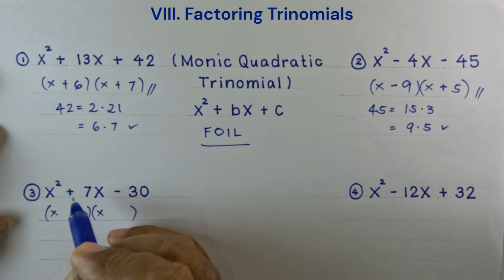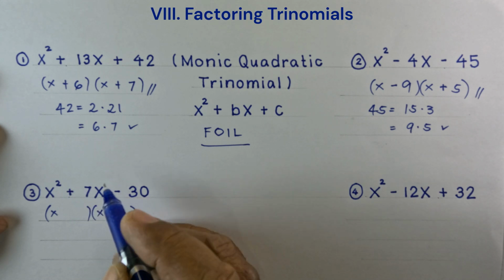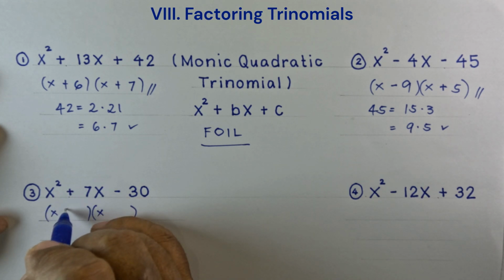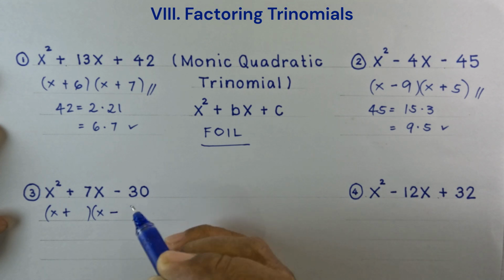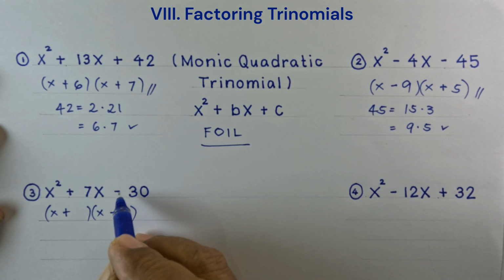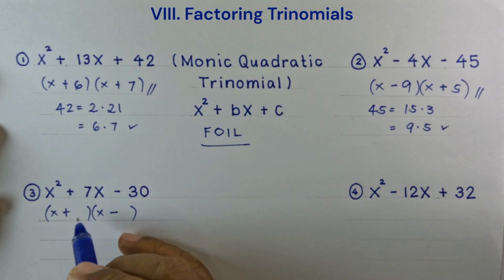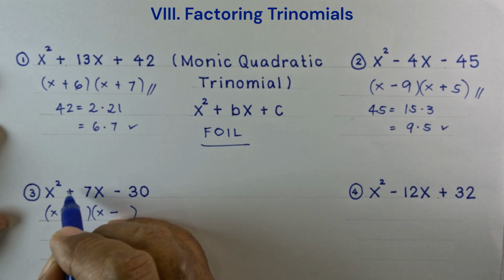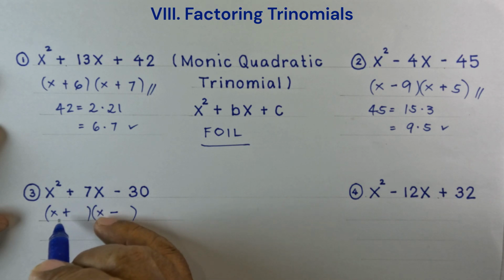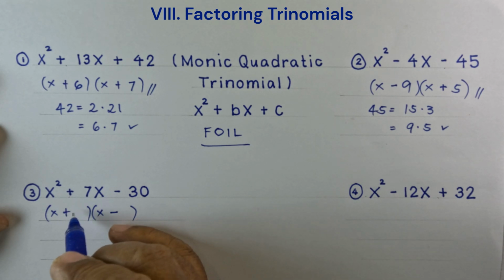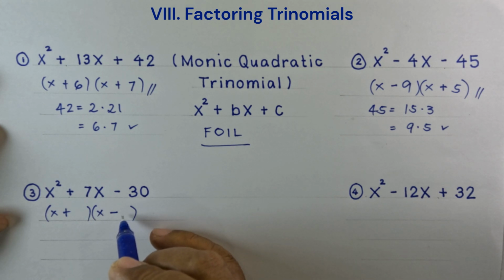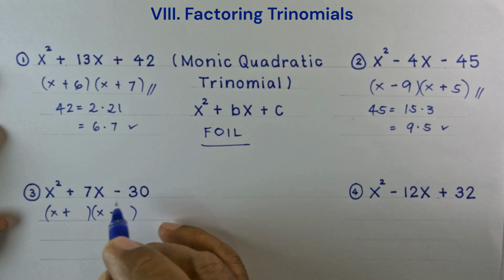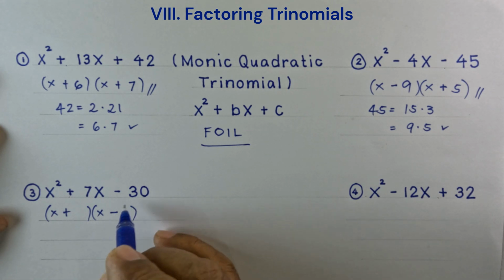Now, since the sign of the middle term is positive, I write here positive and the other negative. So positive times negative is negative. Now, the reason why I place the positive here is because I want to place the larger factor here and the smaller factor there. So let's get the factors of 30.